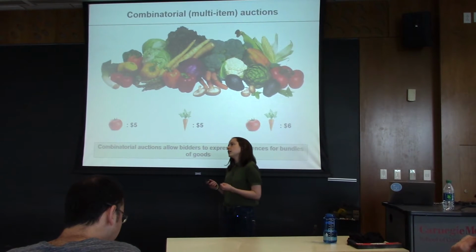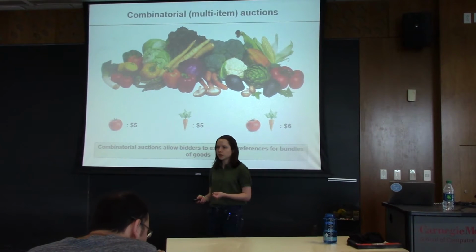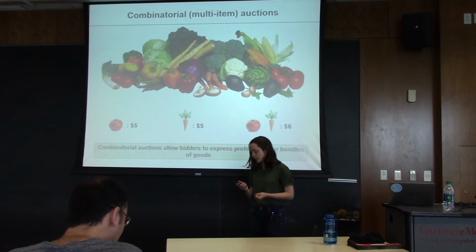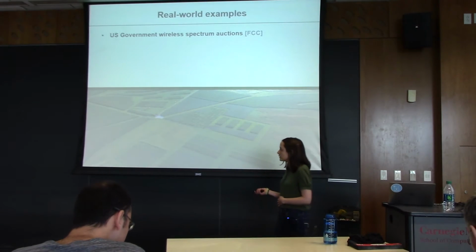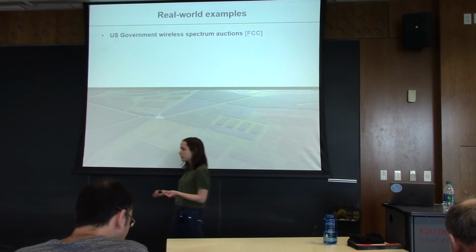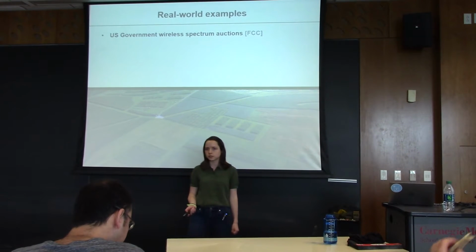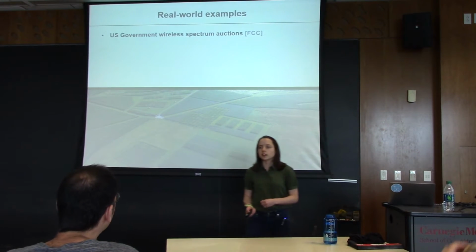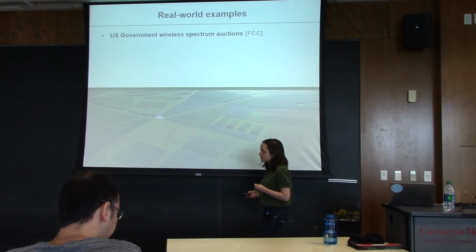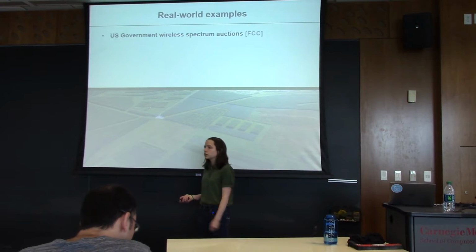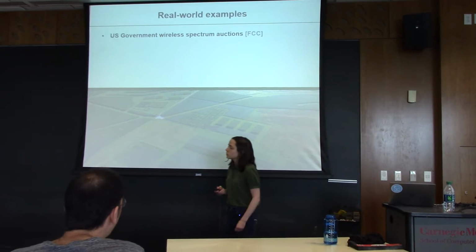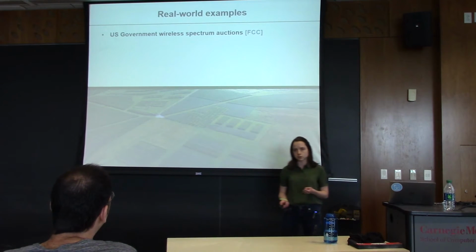So they're a very expressive auction format, but they're also very complex. But despite this complexity, they have been fielded in the real world. For example, the government has proposed using combinatorial auctions to allocate wireless spectrum to providers.